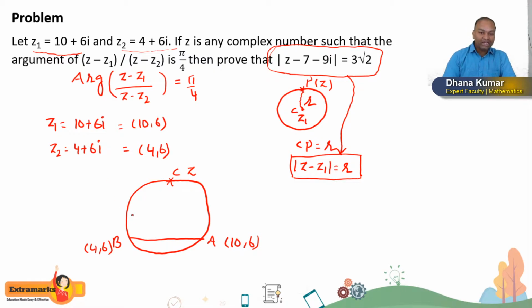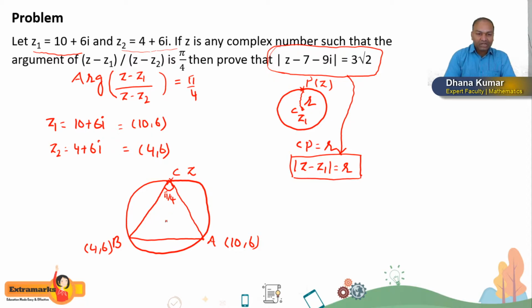Understood? So join these two. The angle between the lines BC and AC is equal to pi by 4. That is the given condition.